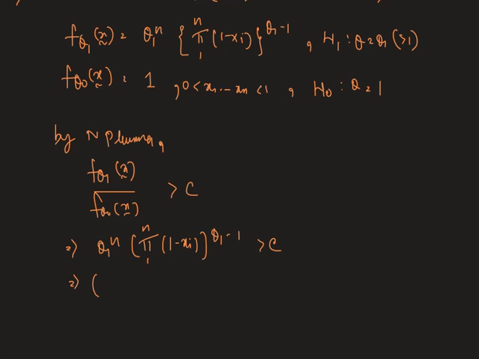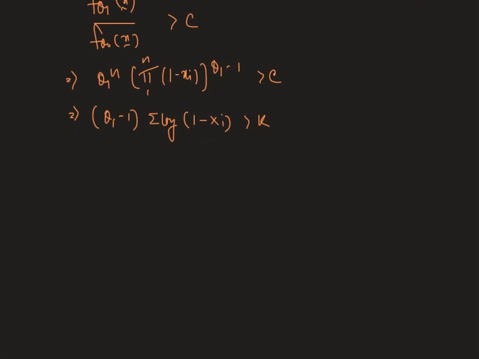Or we can write (theta 1 minus 1) times the sum over log (1 minus xi) is greater than k, or the sum over log (1 minus xi) is greater than k prime, as theta 1 minus 1 is greater than 0.